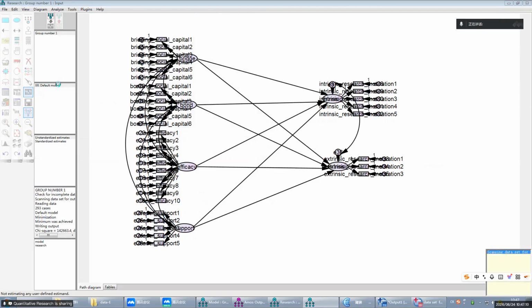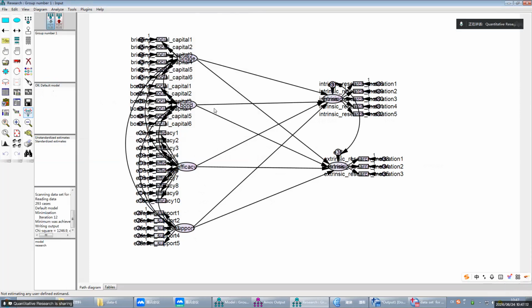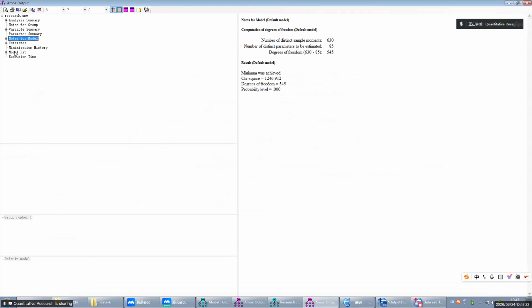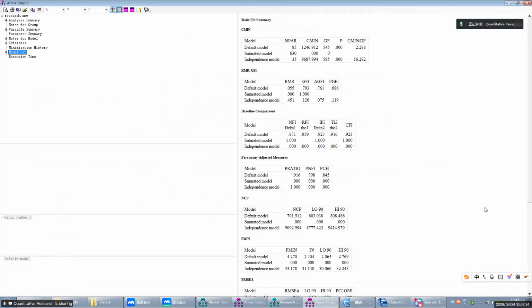Now we're computing. Okay, so this is the data analysis. You can find the result here, model data fit. Is that okay? Chi-square is good, right?